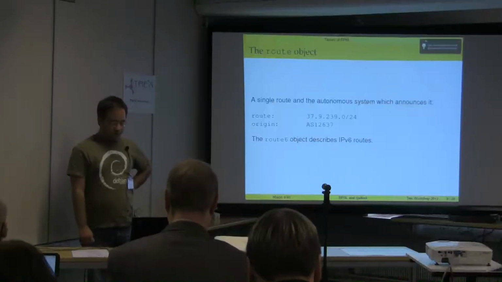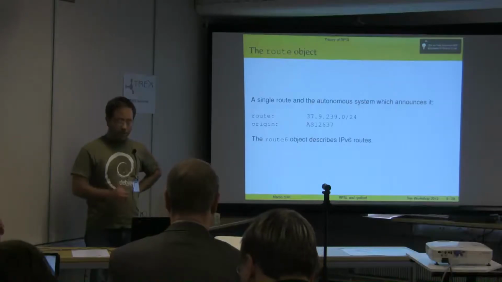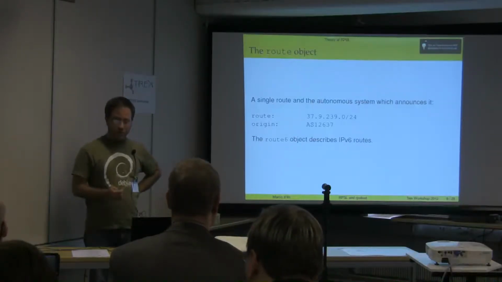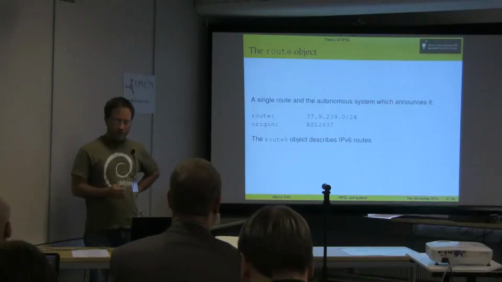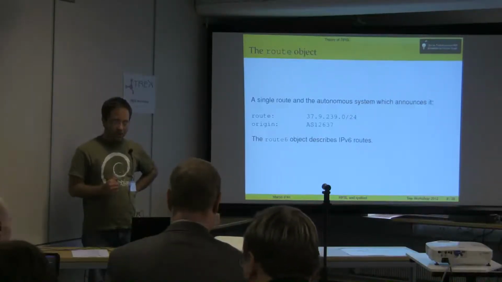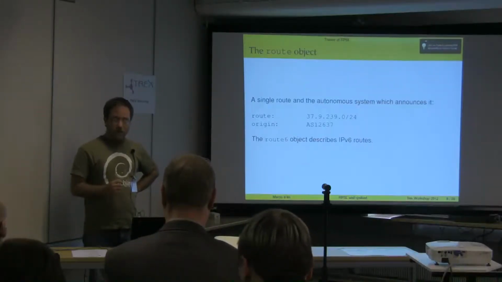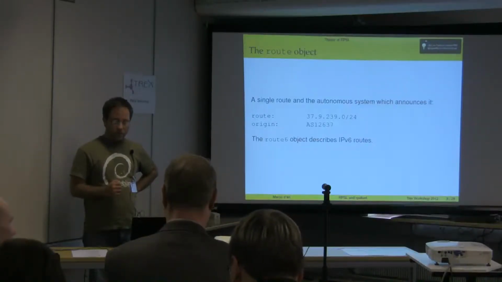The route objects are used to match an IPv4 or IPv6 route to the autonomous system announcing it. This is more useful because the RIPE database has a complex authentication scheme which only allows authorized entities to create route objects.